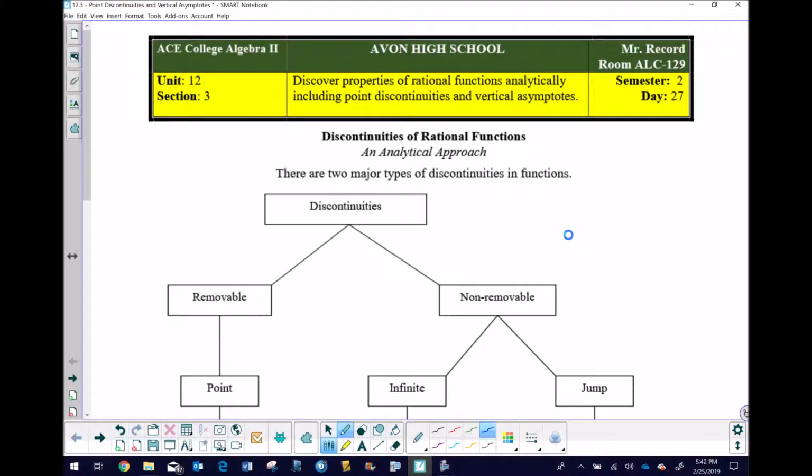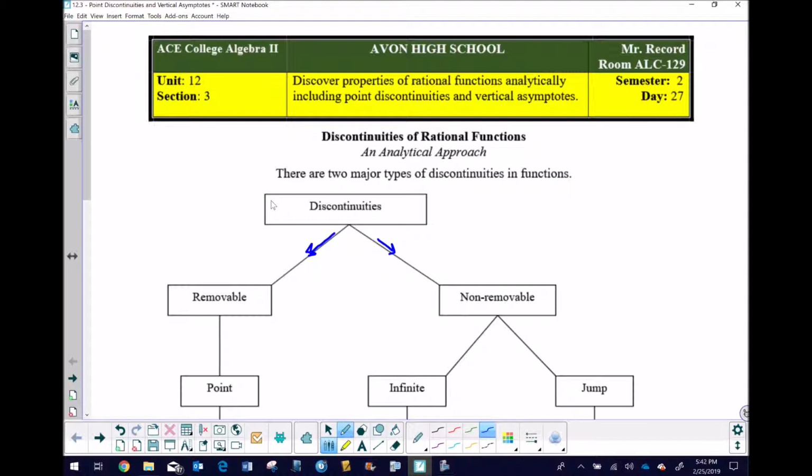So there are two different types of discontinuities in functions. In my particular class, we've already talked about the different branches here: we can have these removable or these non-removable discontinuities. But we haven't really subdivided either of those two types.